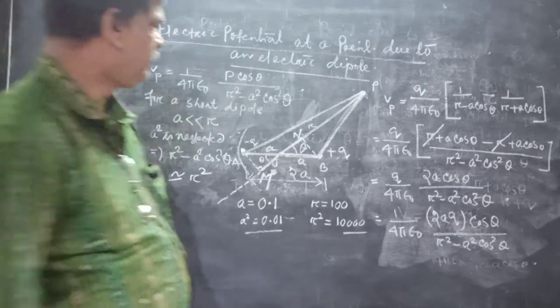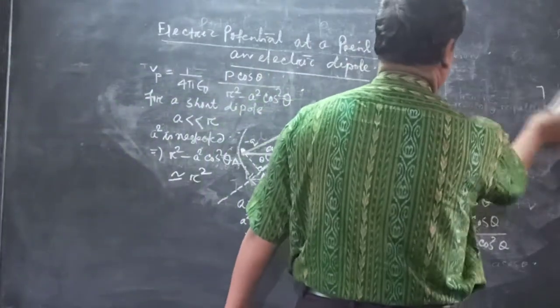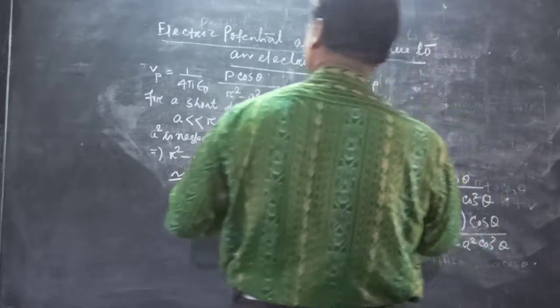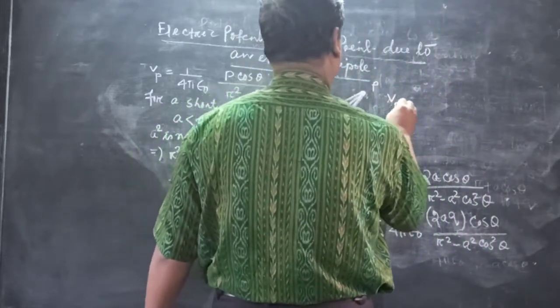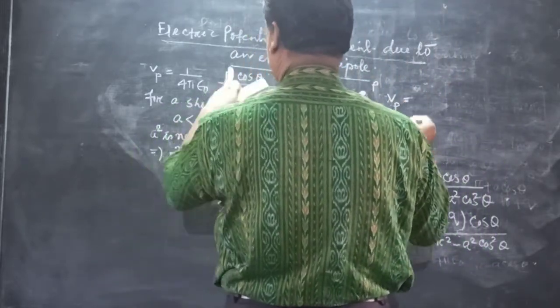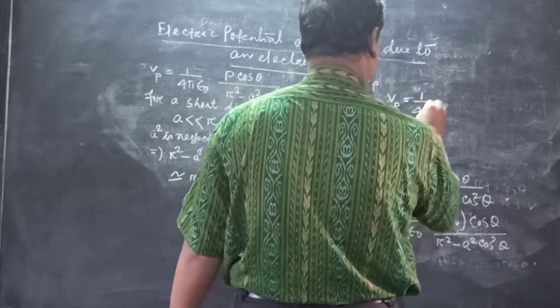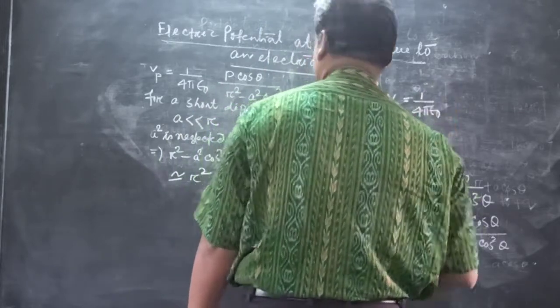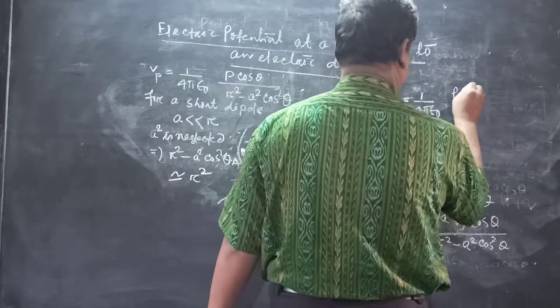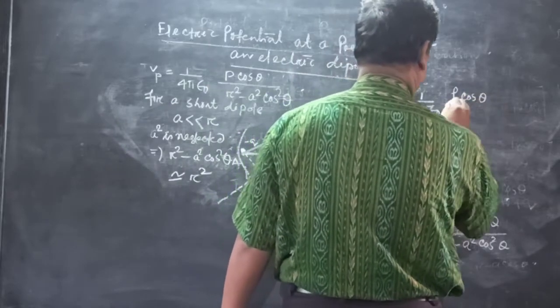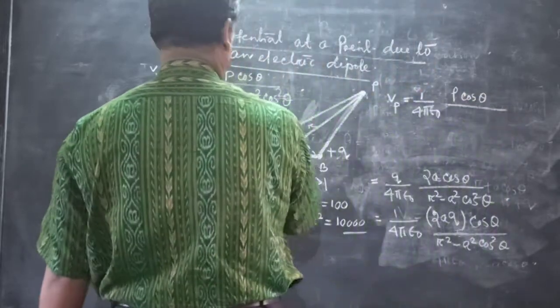So what about the potential at P? Now for a short dipole, the potential at point P we can write as 1 by 4 pi epsilon 0, then P cos theta divided by R square.